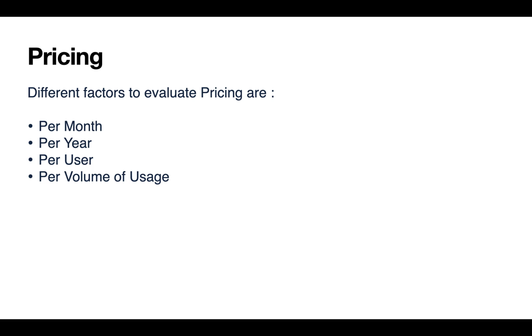Let's say for several libraries there will be a mention that for 1 million there will be one pricing policy, and for more than 1 million usage or sessions there will be a different pricing. So it's better to evaluate the pricing before using them.